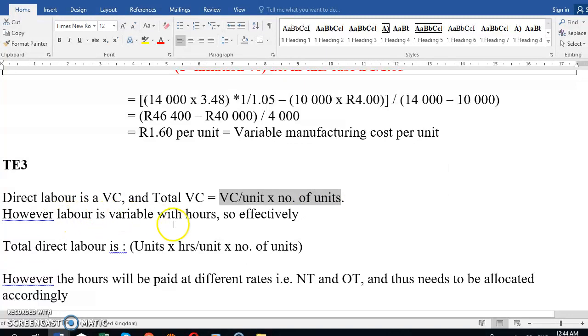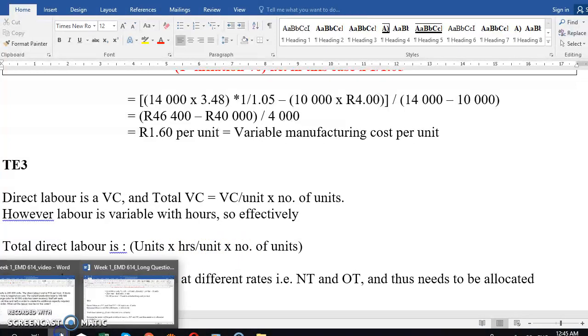However, labor is variable with hours, so total direct labor hours are units times hours per unit. So it changes with units, but every unit has a number of hours because it's a labor cost. So effectively our total direct labor is units times hours per unit times the rate per hour.